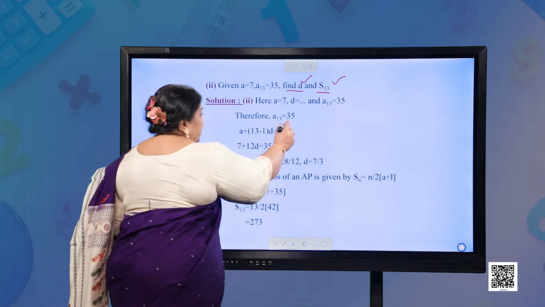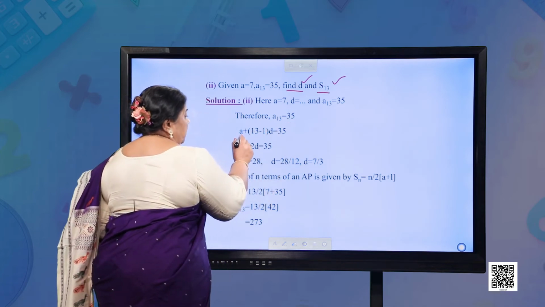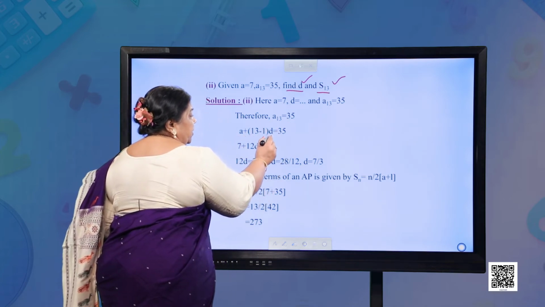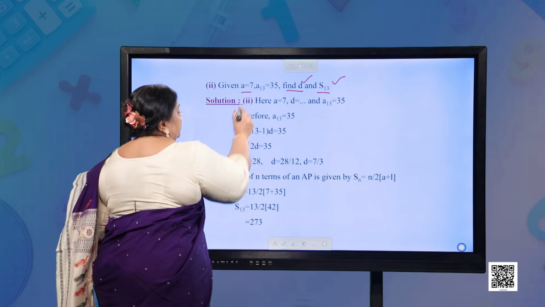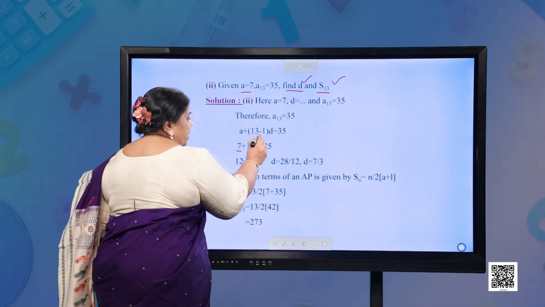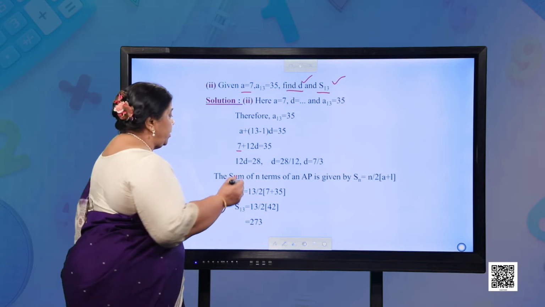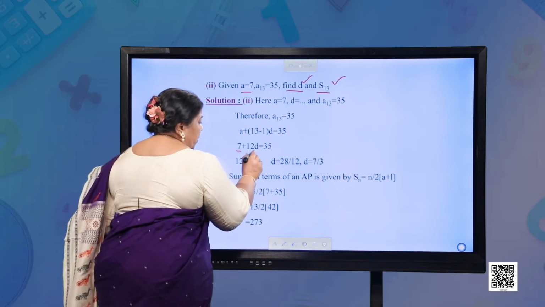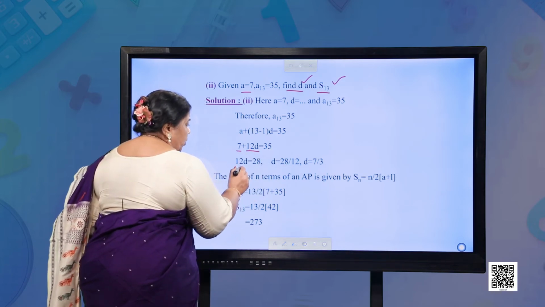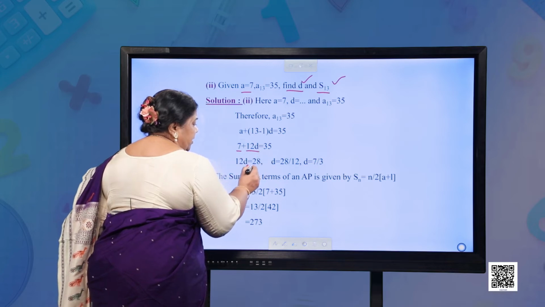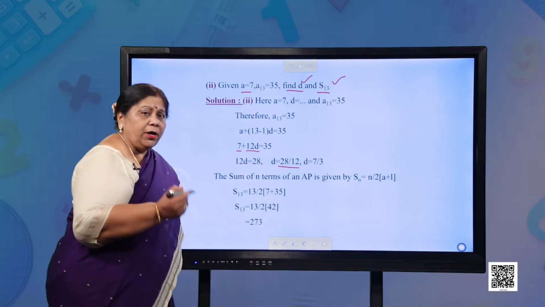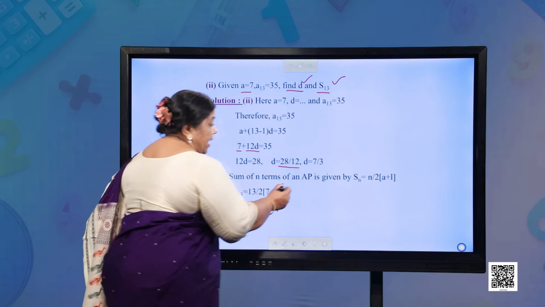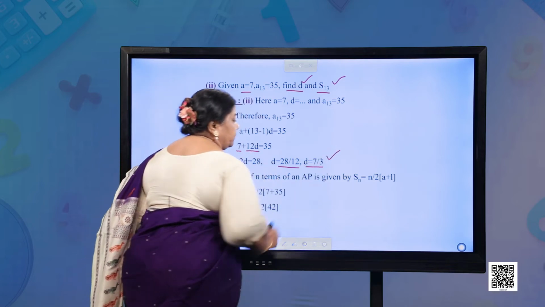So, a13 is 35 means a plus (13 minus 1) into d is equal to 35. So, a is 7, we are substituting the value here: 7 plus, what is 13 minus 1? 12. So, 7 plus 12d is 35. What is 12d? 35 minus 7, that is 28. So, the value of d can be calculated, it is 28 upon 12, which can be simplified as 7 upon 3.